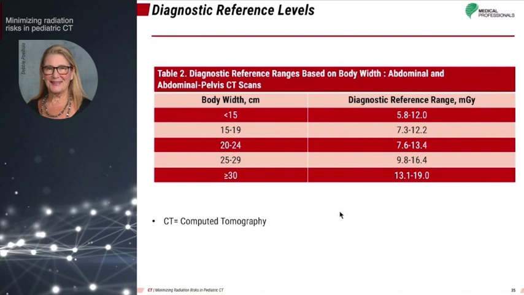Experienced pediatric radiologists were confident when interpreting images of small patients with a body width of 14 centimeters, obtained with half the estimated dose used for an adult patient of 34 centimeters of body width, or 5.8 compared to 12 milligray based on the SSDE.